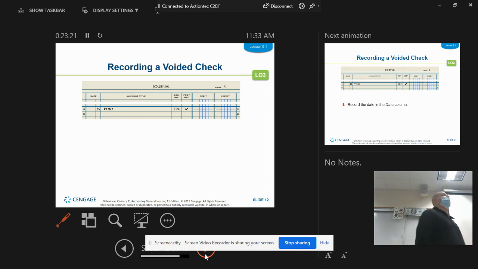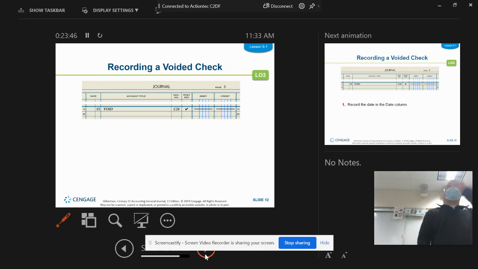Let's say I had it already filled out, to whom I was going to send it, ready to go, and then I decide I didn't want to use my check. I can write void in big letters, VOID, on the check, and that essentially cancels out the check. But we want to keep track of that because we're keeping track of all of our checks. We have check number 23, check number 24, check number 25, et cetera.